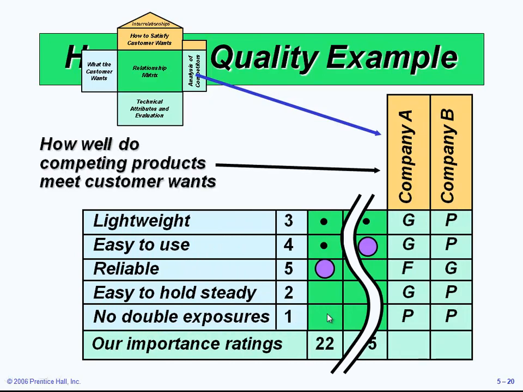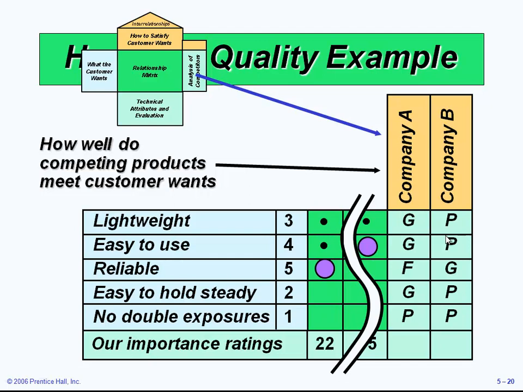Now let's see if we have other company that produces the same product and how well their product meet customer wants, where P for poor, F for fair, and G for good.